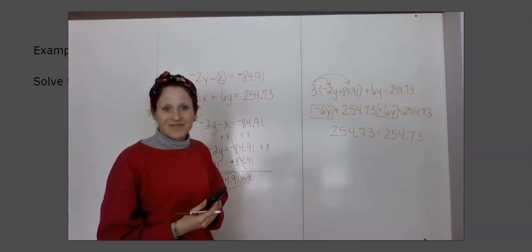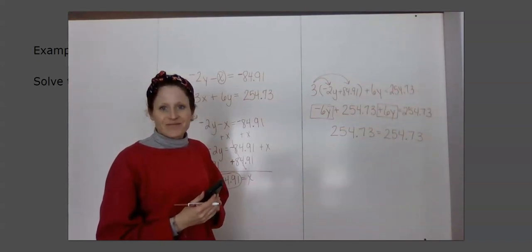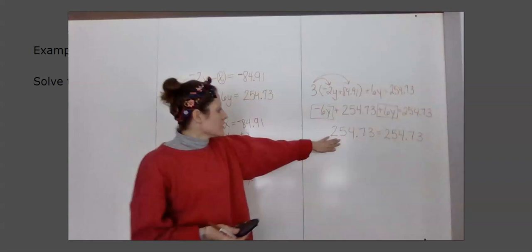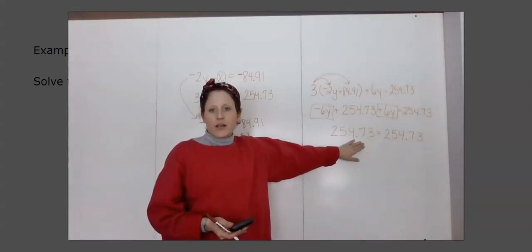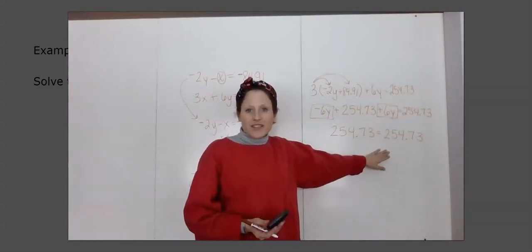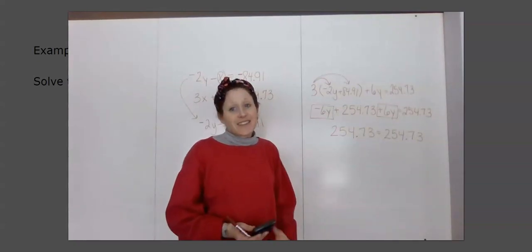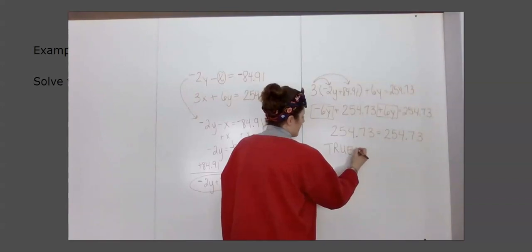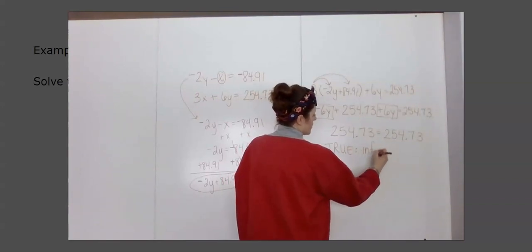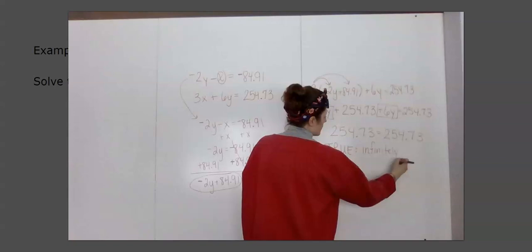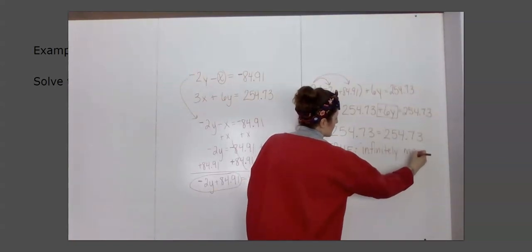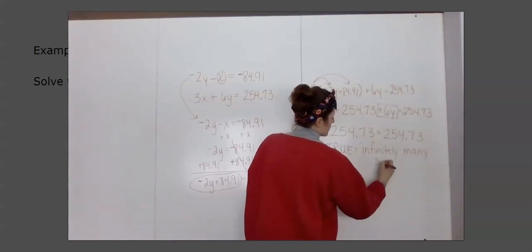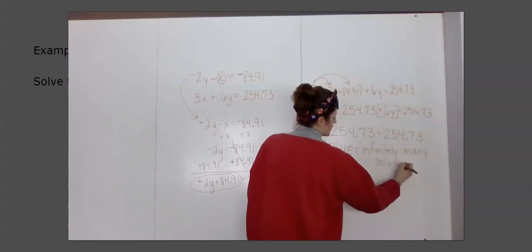Now what? Is this true? Does 254 and 73 hundredths equal 254 and 73 hundredths? Yes, this is true. Therefore, there are infinitely many solutions.